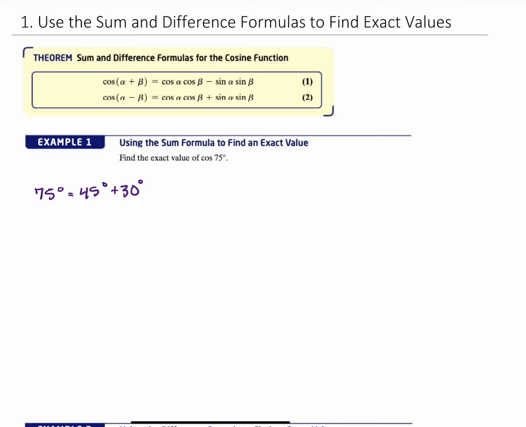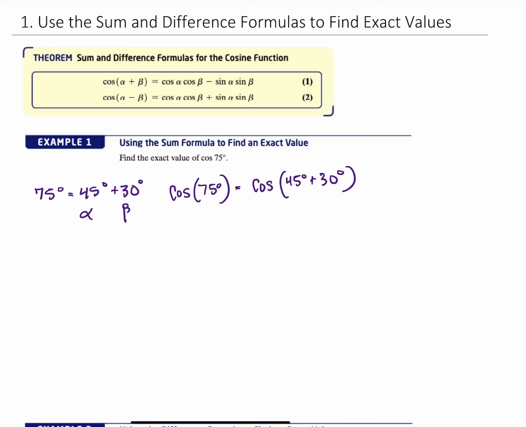So we can call the 45 degree angle our first angle, alpha, and 30 degrees can be our second angle, meaning that we can express the cosine of 75 degrees as the cosine of 45 degrees plus 30 degrees.